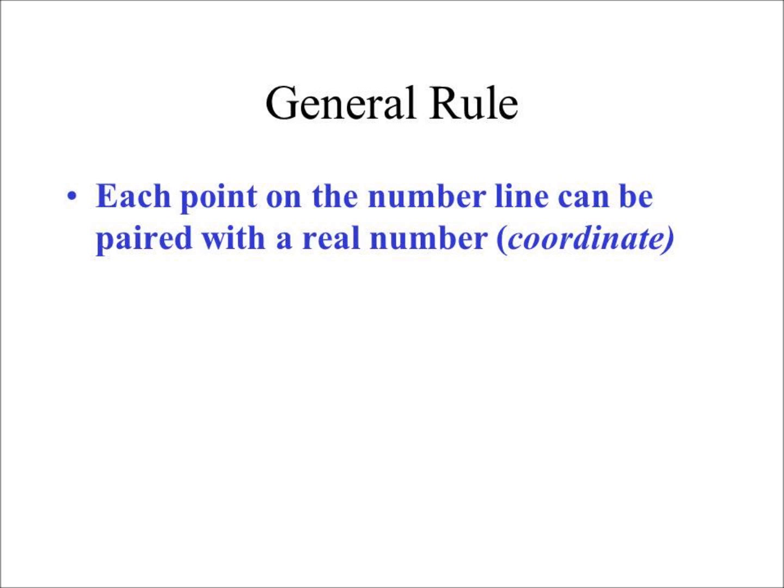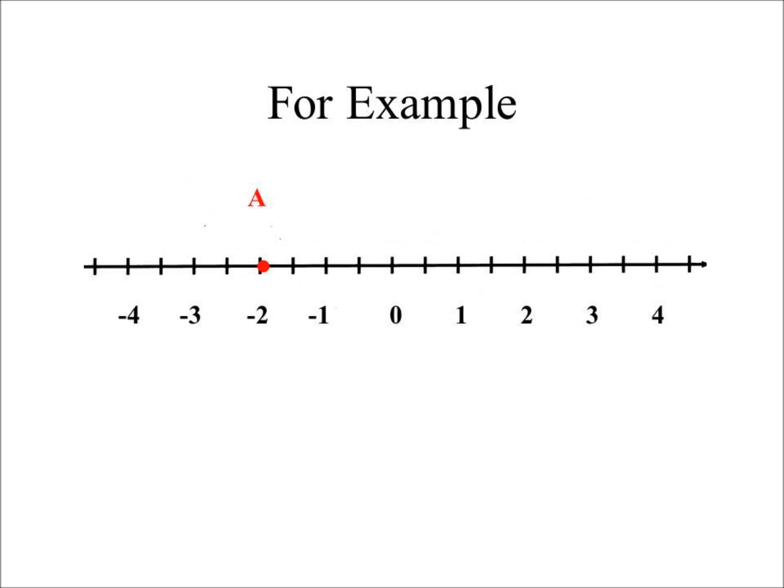So if I have a number line with a point on it, and I pick some point and we call it A, that point on the number line corresponds to one of those real numbers that we had set up. So we see that it's negative 2 in this instance. So the point A corresponds to negative 2.